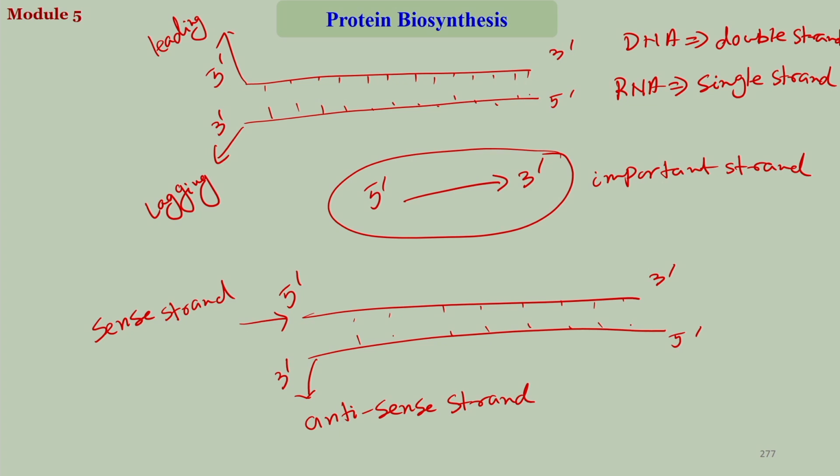Now we have to synthesize an mRNA which contains all the genetic information that is present in the sense strand, because biologically this is taken as the unit which stores the information. So, therefore, we need to synthesize the exact sequence of this DNA into the RNA form.